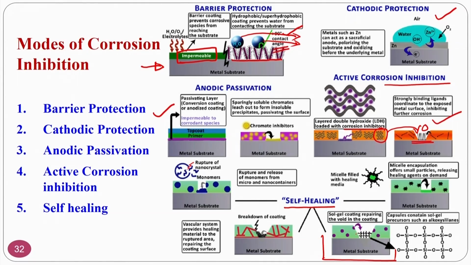Whenever there is a breakdown of this sol gel coating, capsules containing the sol gel precursors will come and fall in this region. In that circumstance, the basic advantage is that whenever a water droplet comes in the picture, it won't have direct contact.